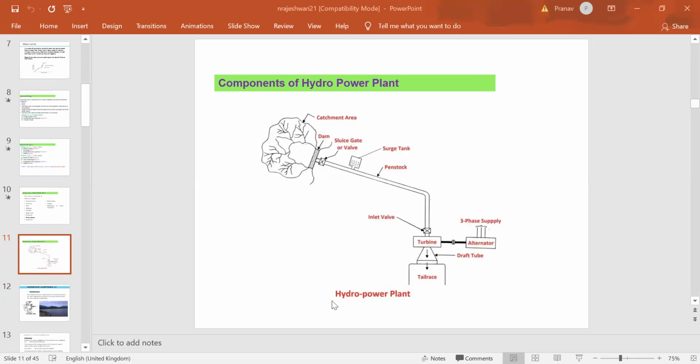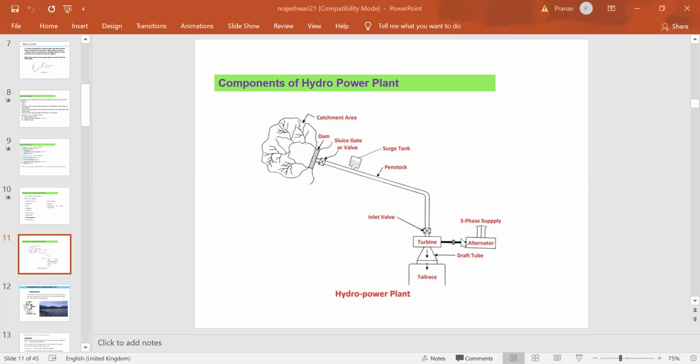This is the constructional diagram for a hydroelectric power plant. This is the catchment area before the dam or back of the dam. This is the catchment area, nothing but the reservoir, and this is the dam and sluice gate or valve, and this is the surge tank, and this is the inlet valve for the turbine.